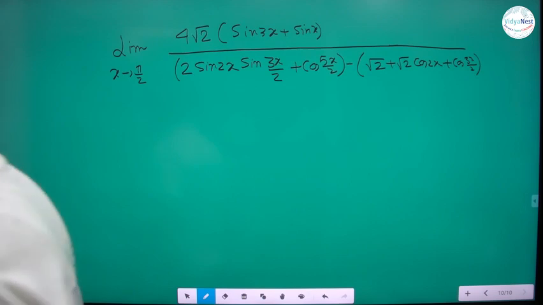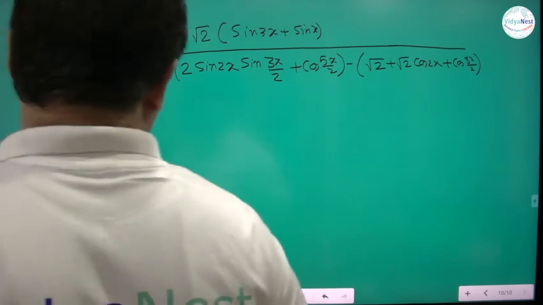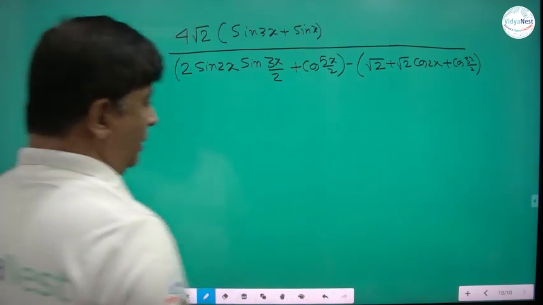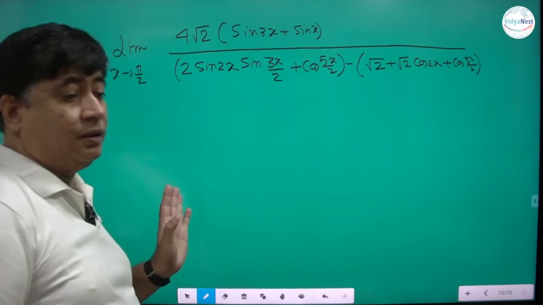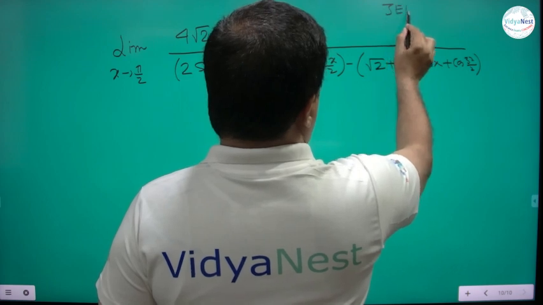Its value you are told to find. So, this sum is not so critical, but see, it came in JEE Advanced 2020.